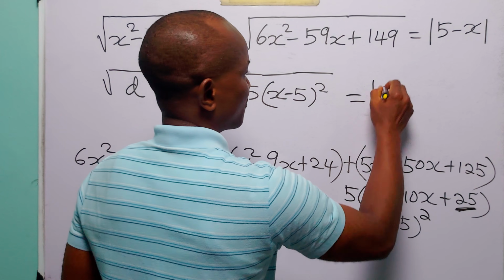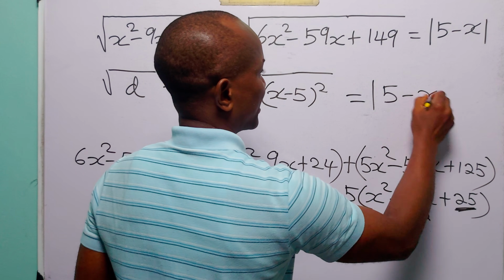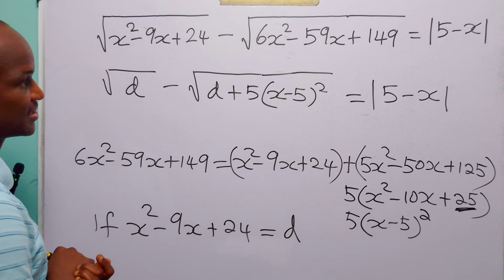And of course, this is equal to the absolute value of 5 minus x.